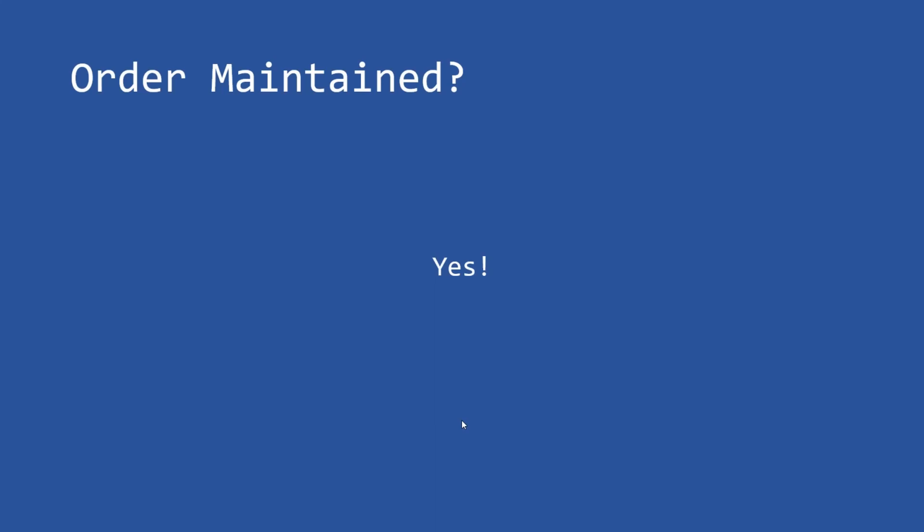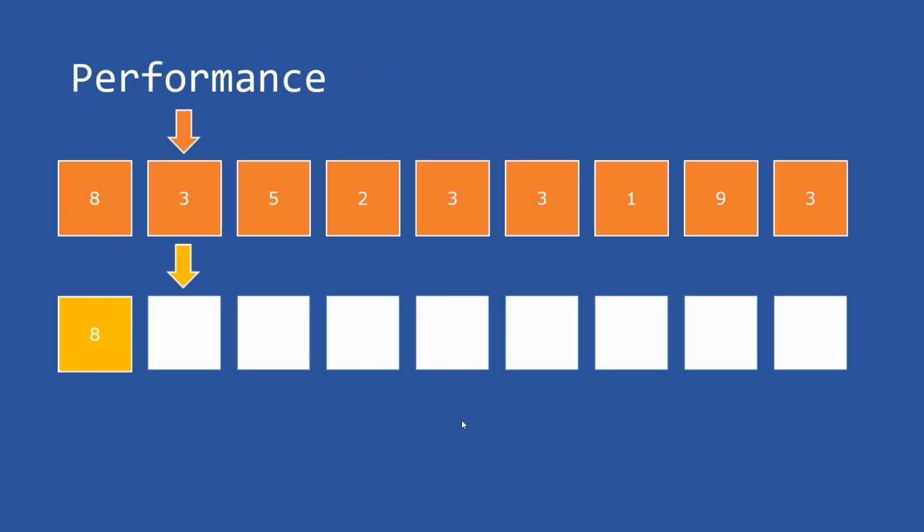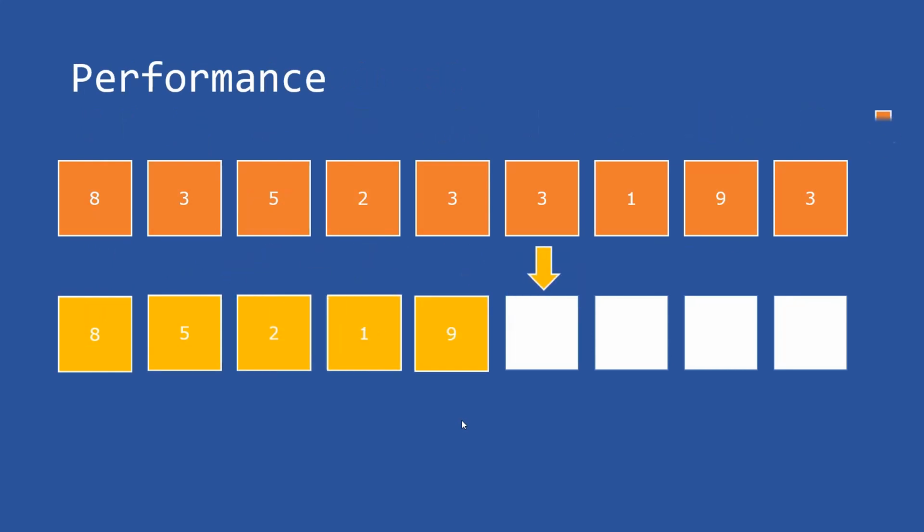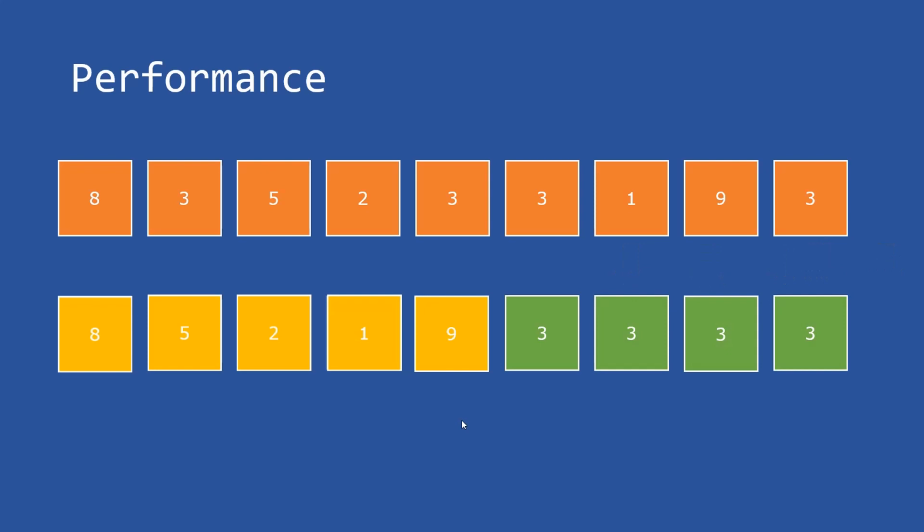But what about the performance? If you see this approach, we are looping through the array once, and if the number is not the number we want to shift to the end, we move it to the new array, and in the end we fill all the remaining blank spaces with the number we wanted to shift to the end.